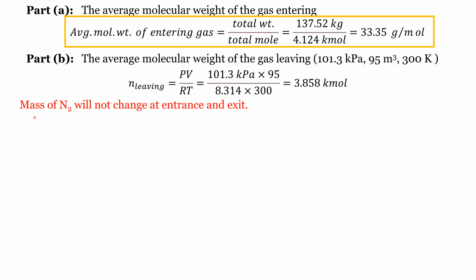Now we can say that mass of N2 will not change at entrance and exit, because only benzene is getting absorbed in the absorption column. So mass of N2 leaving will be equal to mass of N2 entering, and we have already estimated the mass of N2 entering, which was equal to 103.14 kg.